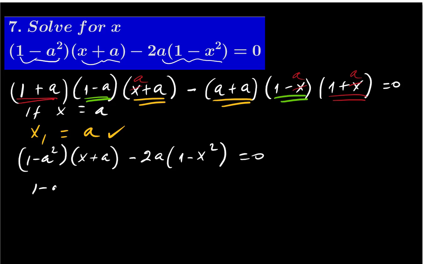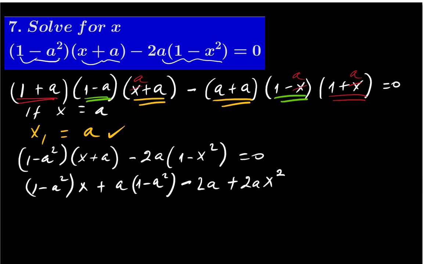We have (1 minus a squared) times x plus a times (1 minus a squared) minus 2a plus 2a x squared is equal to 0. Okay, we can rearrange that.